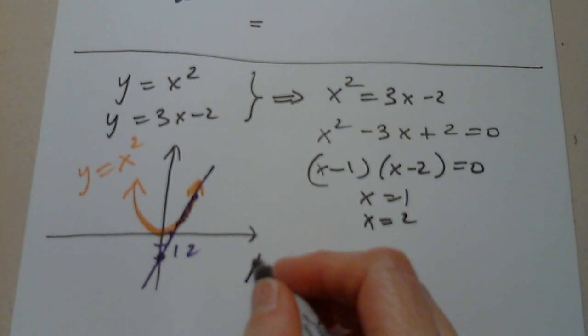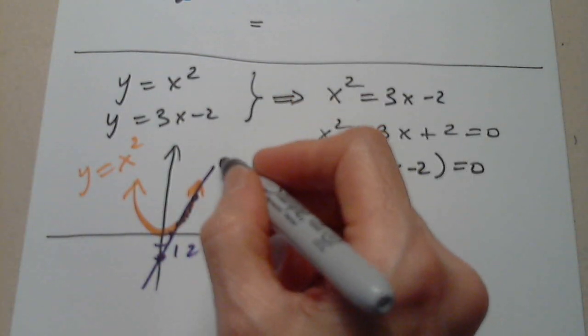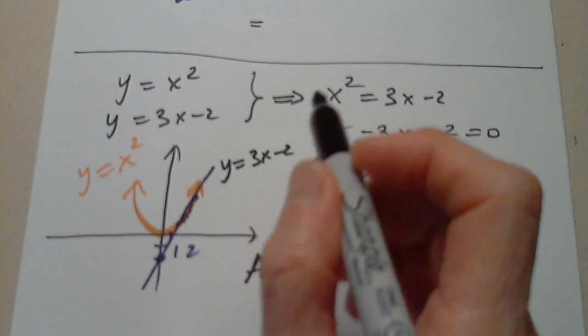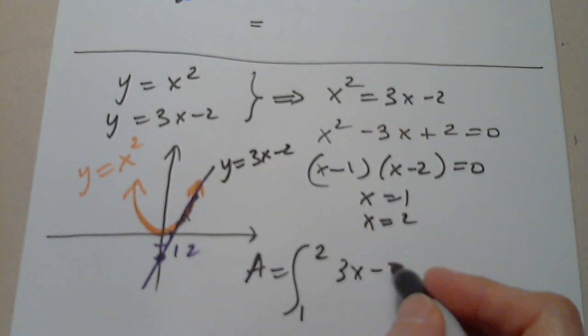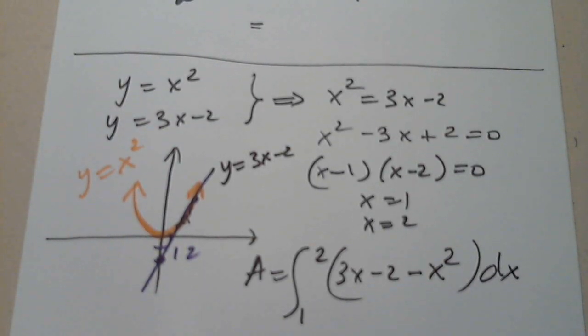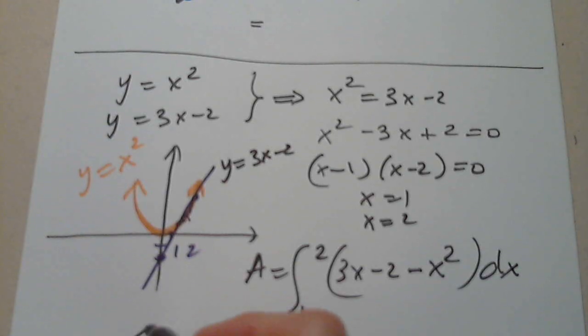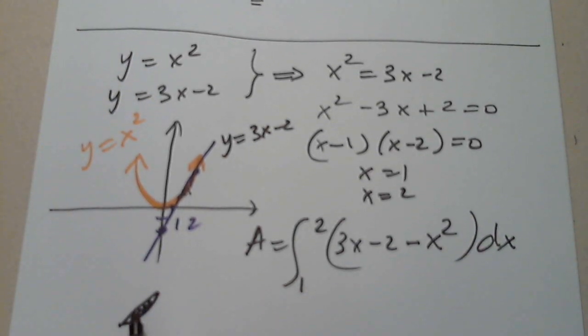So I know that the area is the integral from 1 to 2, don't forget that this is y equals 3x minus 2, from above minus below. The function above, so to show the graph better, is something like this. The function above is 3x minus 2.